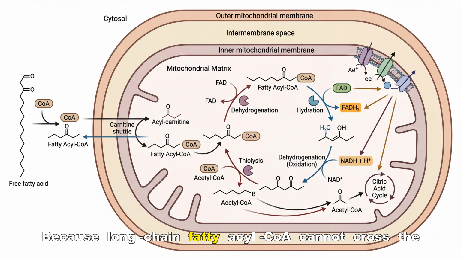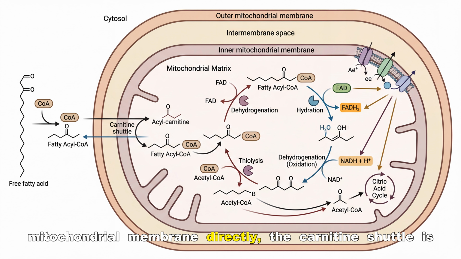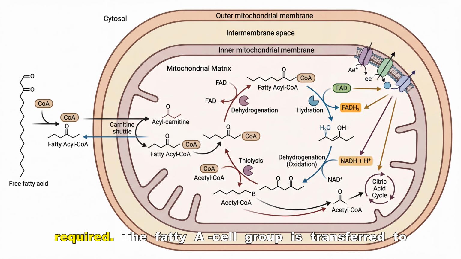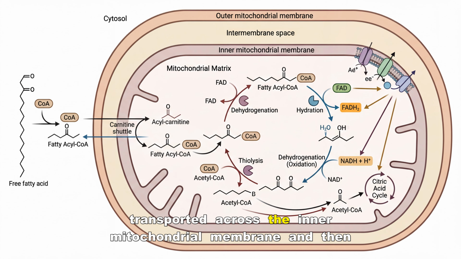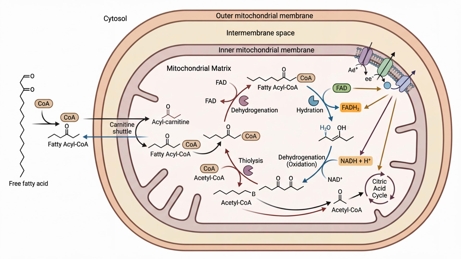Because long-chain fatty acyl-CoA cannot cross the mitochondrial membrane directly, the carnitine shuttle is required. The fatty acyl group is transferred to carnitine via carnitine acyl transferase 1, transported across the inner mitochondrial membrane, and then transferred back to CoA by carnitine acyl transferase 2.